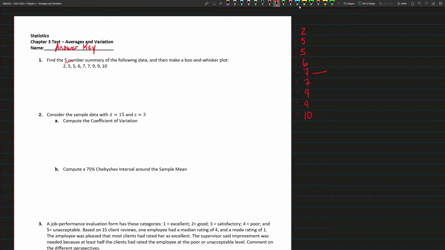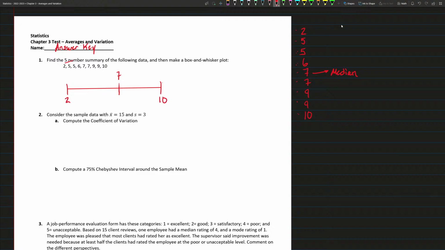That's the median, right? So on our box and whisker plot, we're going to have a min and a max, and we're going to have a median. And that median is 7. Our min is 2. Our max is 10.